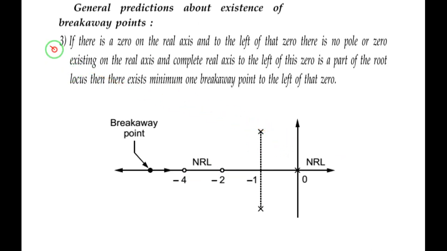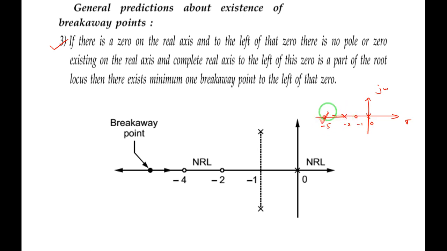Then the third prediction. On the sigma-j omega plane, let me take one pole here, another zero here, one more pole here, and lastly one zero here. Let me take 0, -1, -2, -5, something like this.